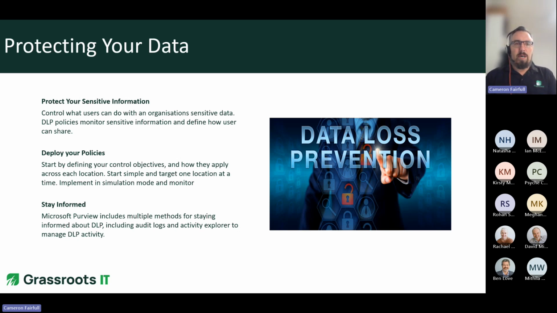The next step is then protecting your information, or protecting your data. The sensitive information that you find once you start understanding your data will then help guide you to the types of sensitivity labels that you need to actually apply across your business.